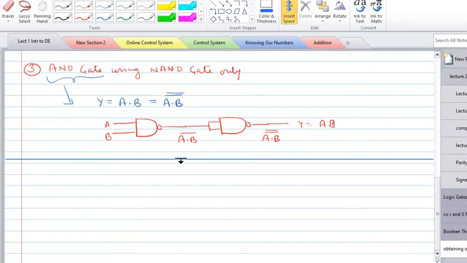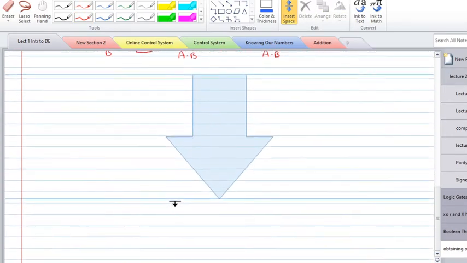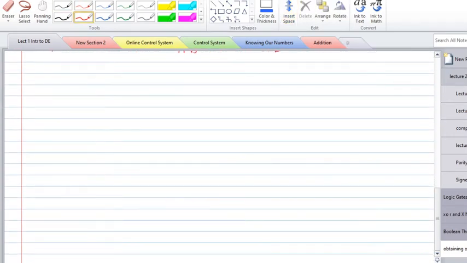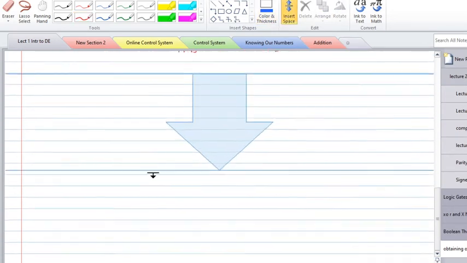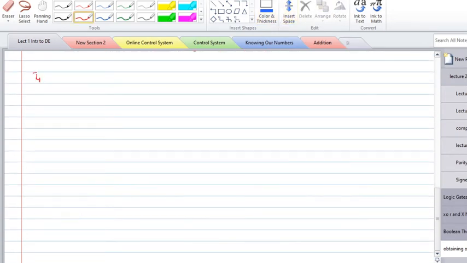Now let's see how we can design a NOR gate using NAND gate.